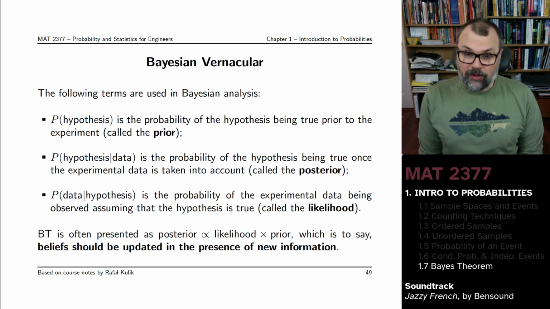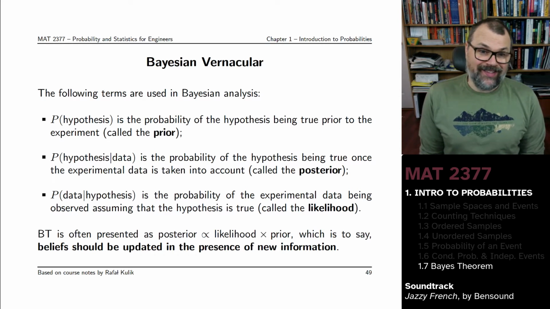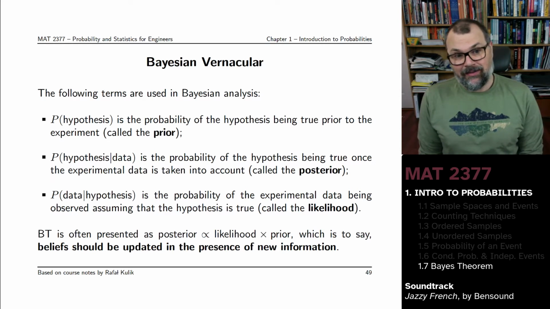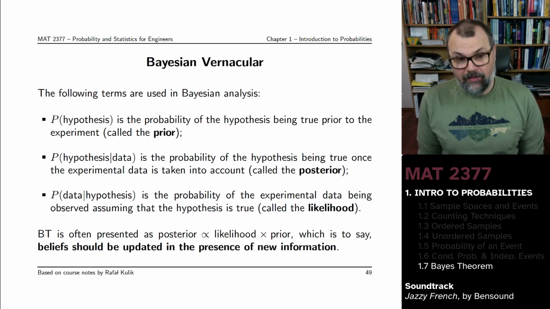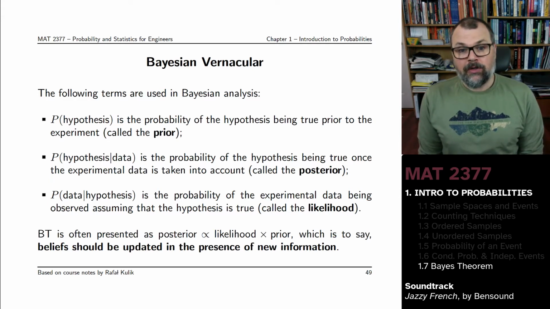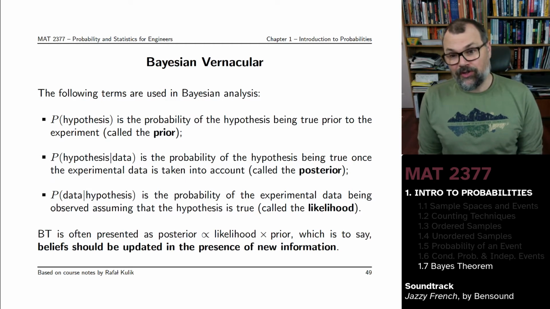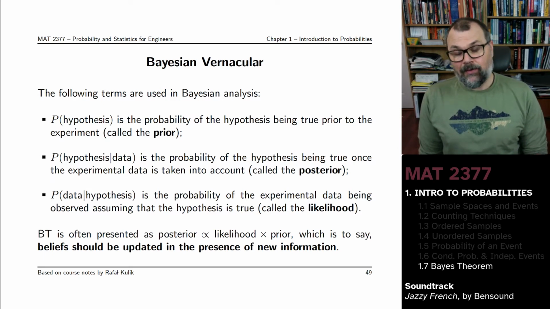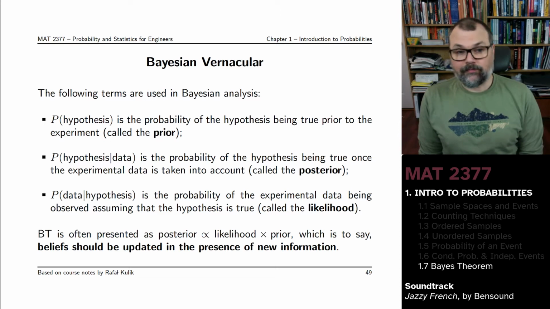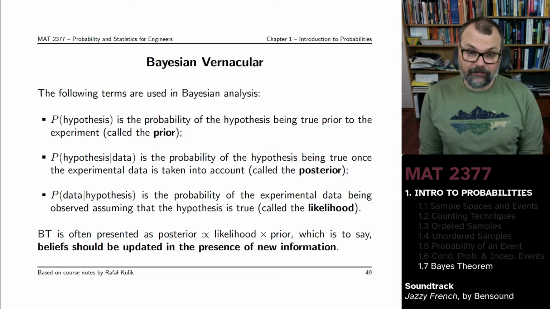That is what you are trying to compute. The probability that the data will be observed if the hypothesis is true, that's called the likelihood. Later on, we'll do regression analysis, and one of the things we'll see is how to compute the likelihood.